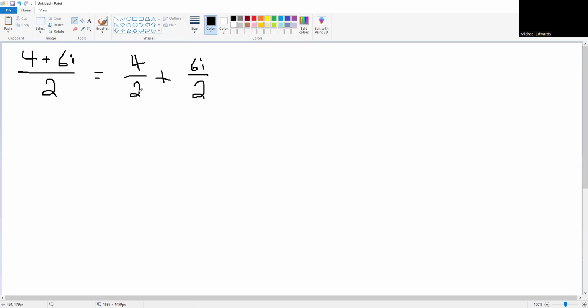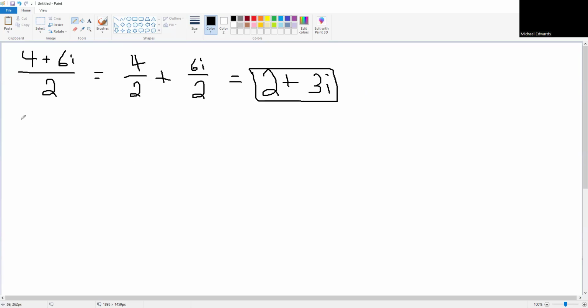So that means we can get rid of this part and make it just a 2. 2 plus, and then 2 will go into 6, but it's 6i. Can I do that? Yeah, we can. So 6, it'll be 3 times i there, because the i was carried around with it. All right, this will be the solution.